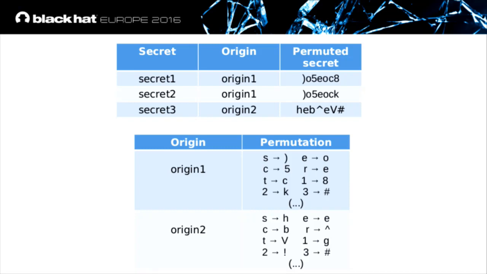We use the same permutation for the same origin, so the two copies of the same secret are the same. And okay, secrets 1 and 2 are different because they have different permutations. And for the secret generated from origin 2, we have a completely different permutation because it's a different origin and a completely new permutation has been generated.